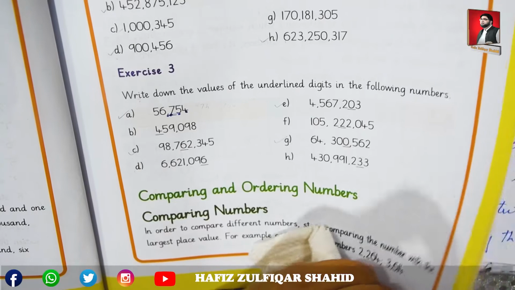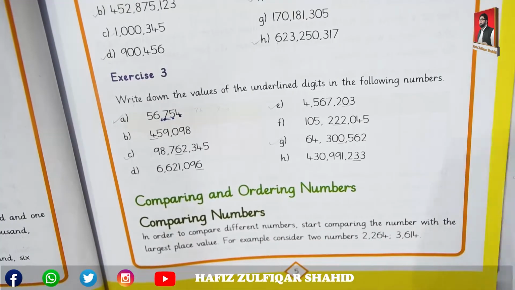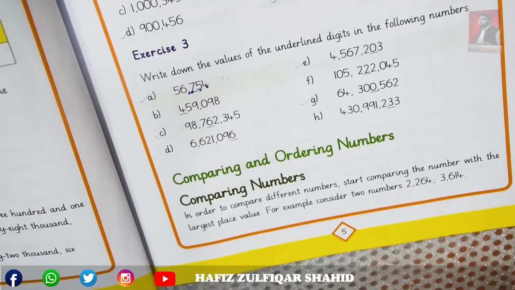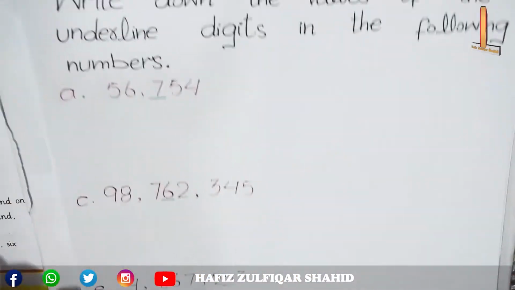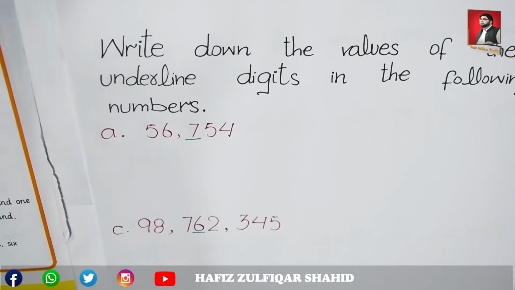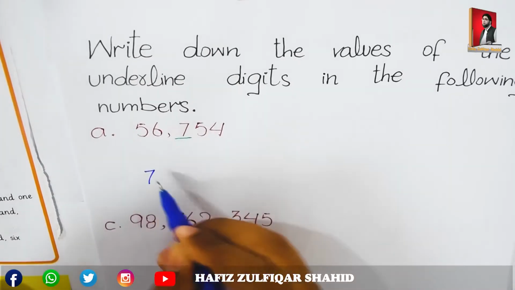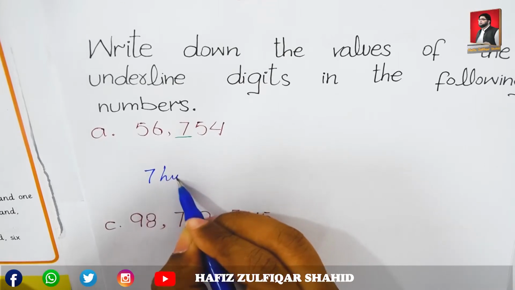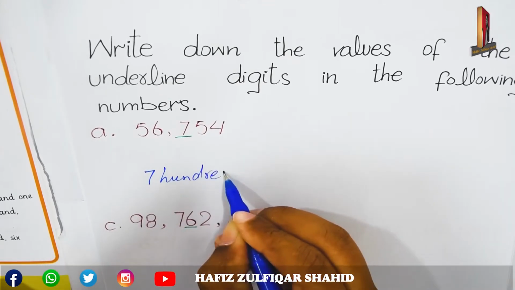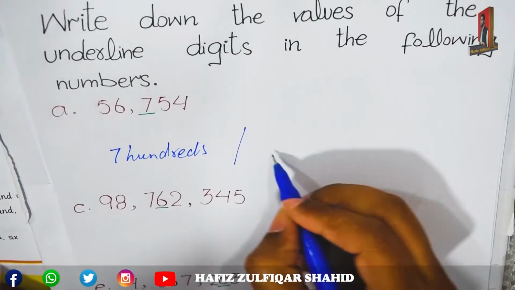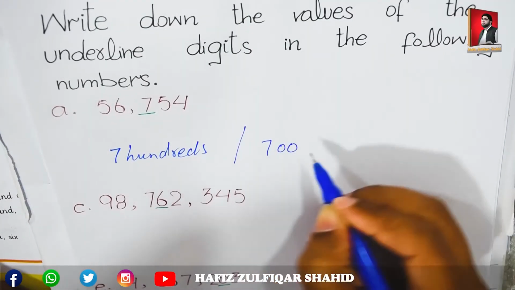We can write it in 2 ways. The first is 7 hundreds, or we can write it as 700.